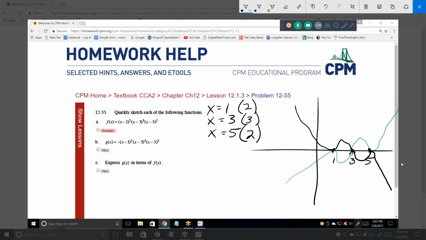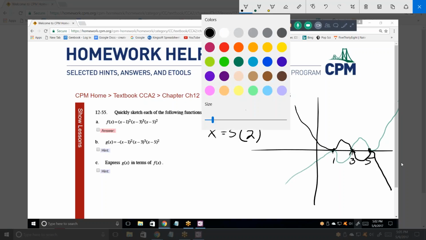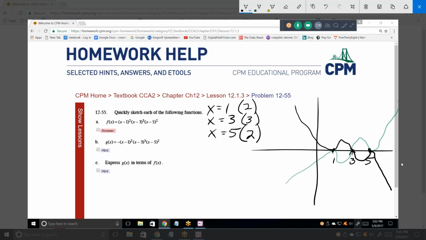The total multiplicity. I didn't hear you, Nicholas. All the exponents added together. Well, kinda. How about if we look at end behavior? What happens when x goes to negative infinity?